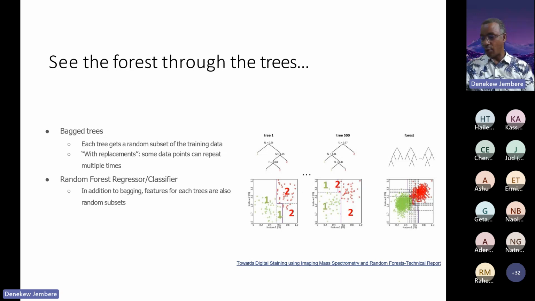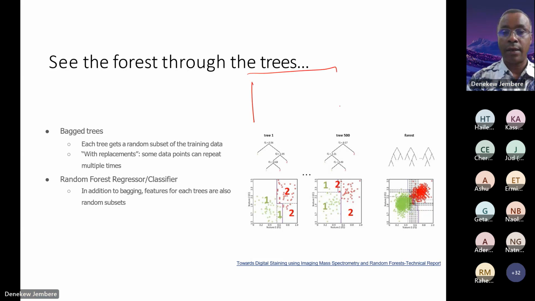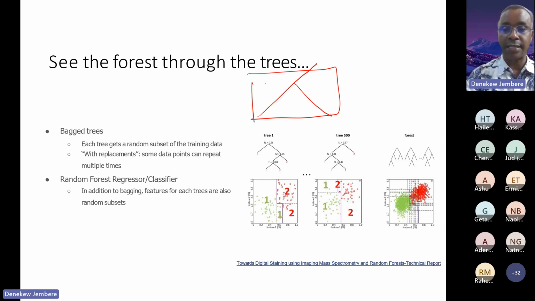So it is important to note here that bootstrap aggregation uses different subsets of the data. Let's say we have a data set and we want to divide the data into three. So this is data set A, data set B, and data set C. This is the entire data, data D, right?